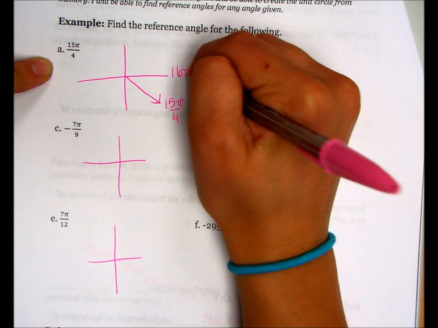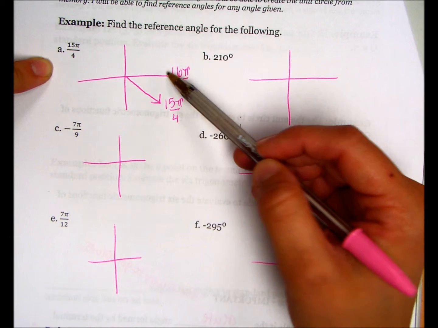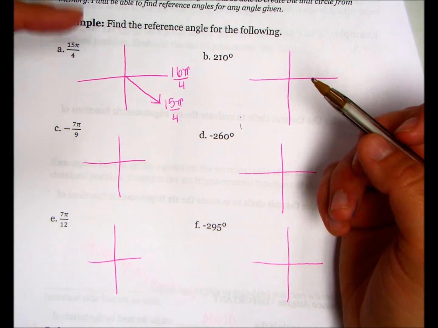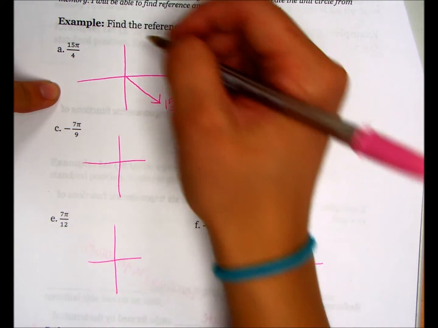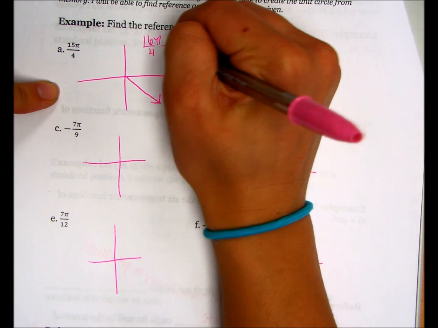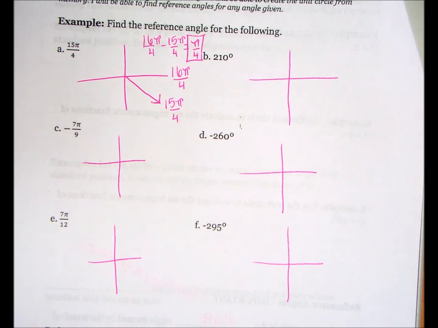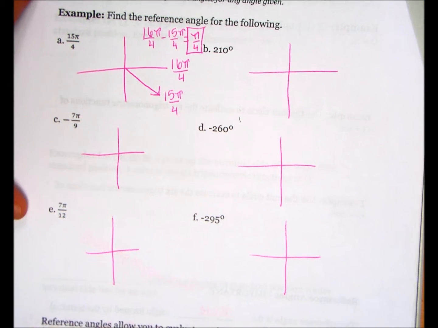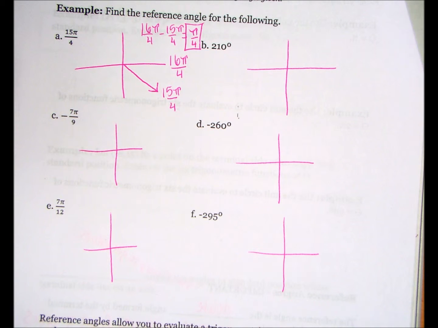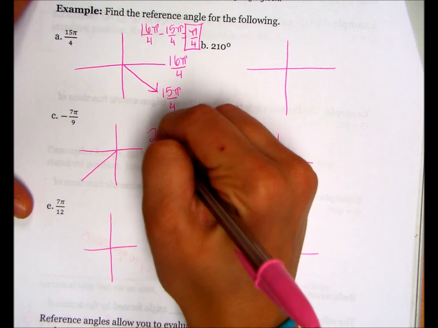That's 16 pi over 4, since 4 pi and 2 pi are the same thing. So I'm going to take 16 pi over 4 minus 15 pi over 4 to get pi over 4 as my reference angle. I'm going to quickly go through these ones and hope that you are getting them as well.